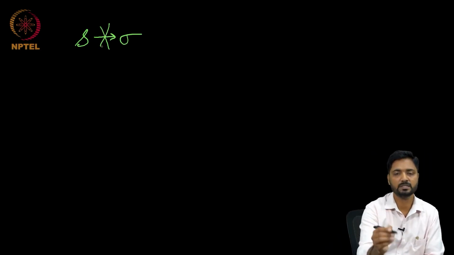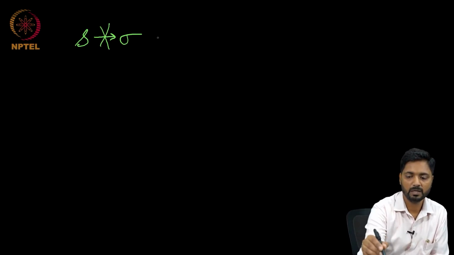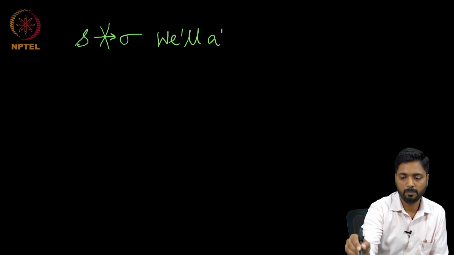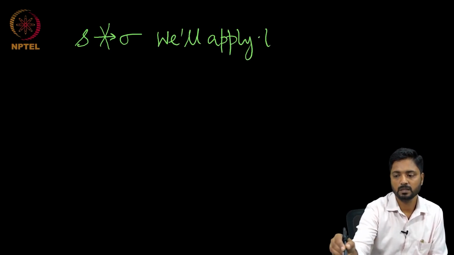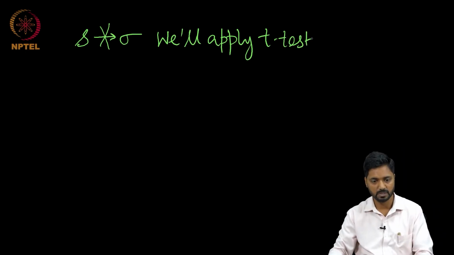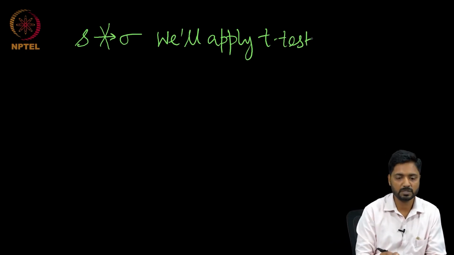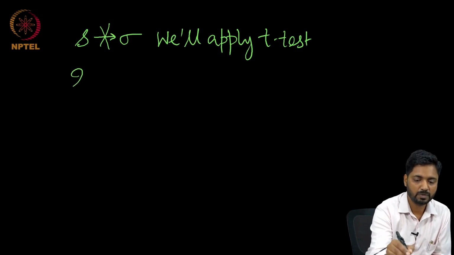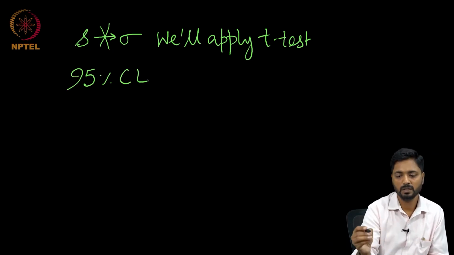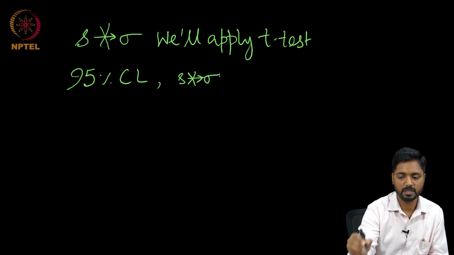In that case, we will be applying the t test and use the appropriate t values. Let us consider the first case, which was at 95% confidence level, S not tending to sigma.